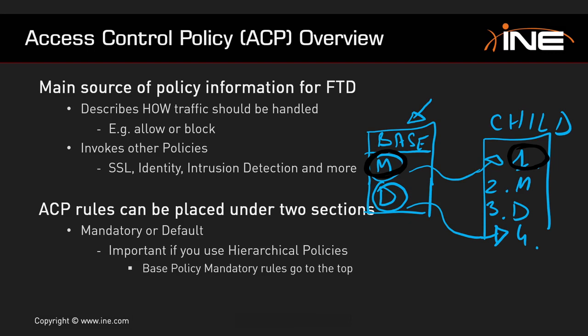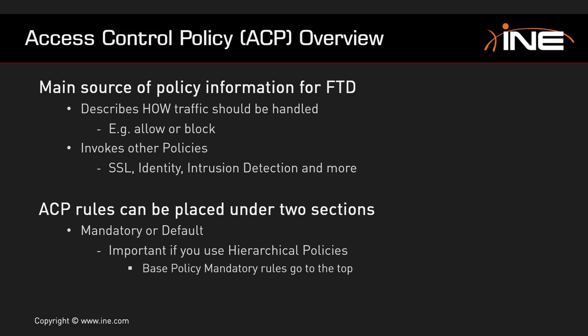And as in any other case, the processing is still following this direction from the top to the bottom. But if you plan to use just one policy, which is what I'm going to be using in this and also other sessions, where you place those rules is not really important as long as you remember about the processing order.